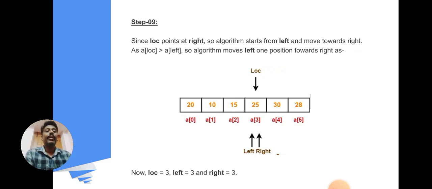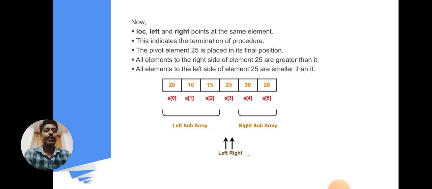So finally, the left and right pointers are at the same position, and the location is also in the same position. So all three pointers are in the same position. We can exit this procedure. Now we can see the final partitioned elements compared with the pivot.